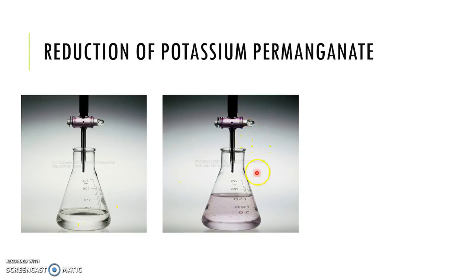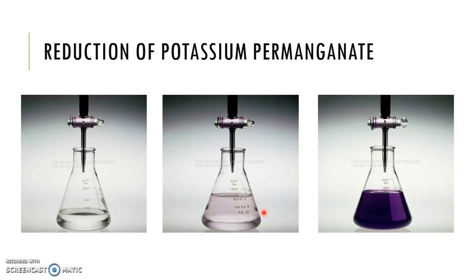The titration proceeds as potassium permanganate is reduced to colorless, until the end point where potassium permanganate is no longer being reduced. This means that the reaction is complete.